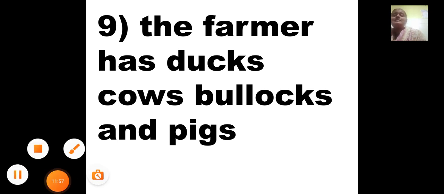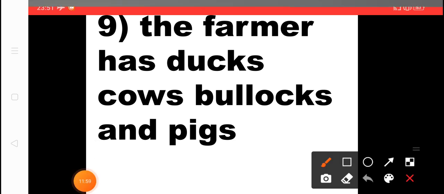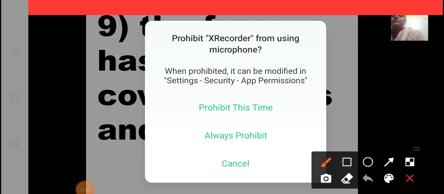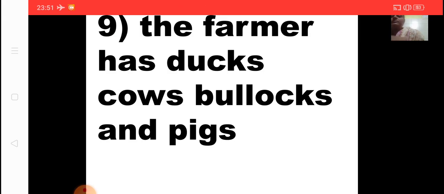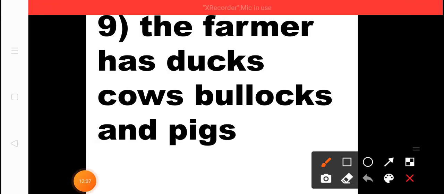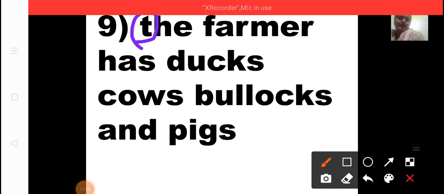The farmer has ducks, cows, bullocks and pigs. Again, at the beginning of the sentence, the will be in capital letter. Okay, 1 minute. This the will come capital.